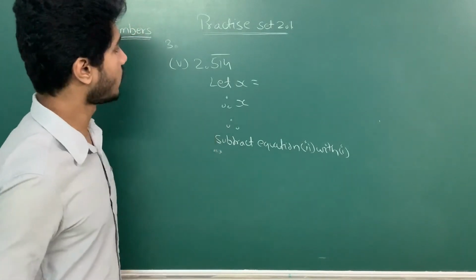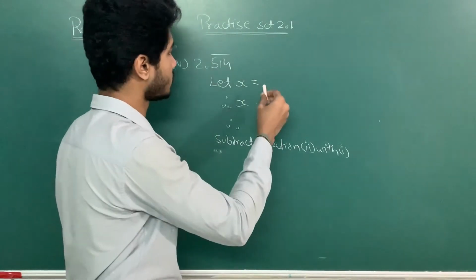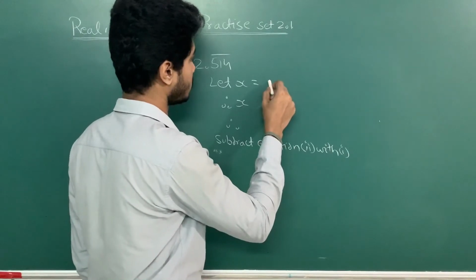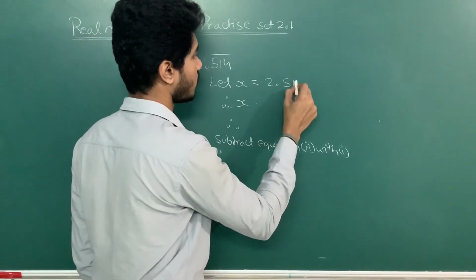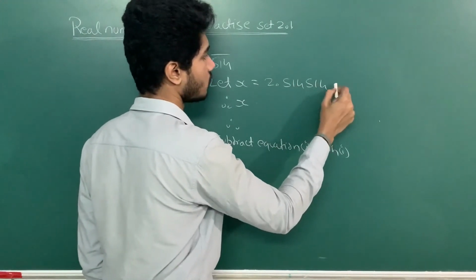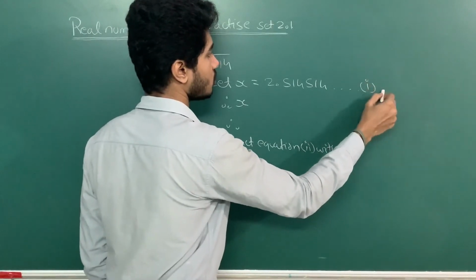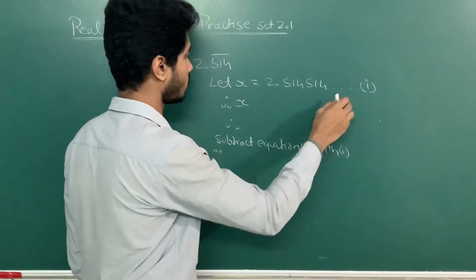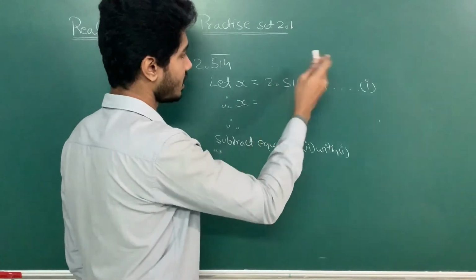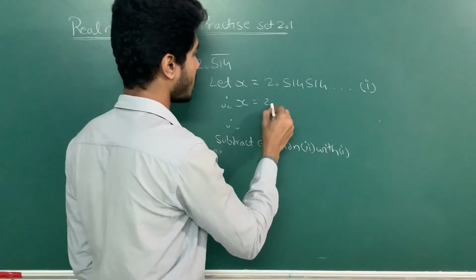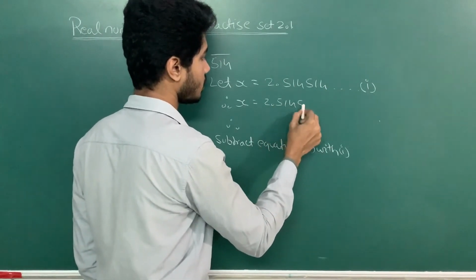Fifth question, 2.514. So there are three numbers which are getting recurring after the decimal. So you get 2.514, 514. Let this be equation 1. Now, there are three numbers. So you're going to multiply and divide by 1000.